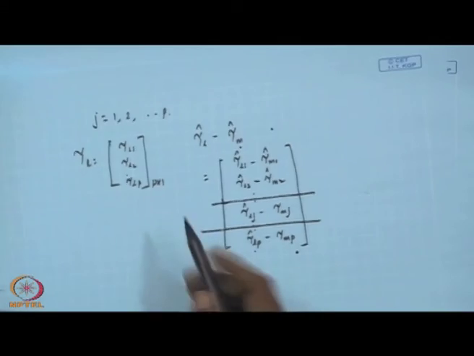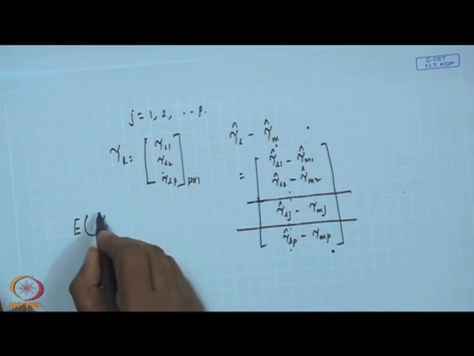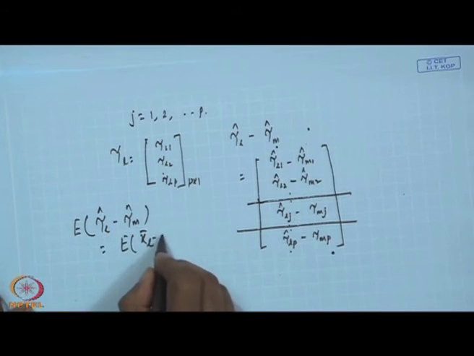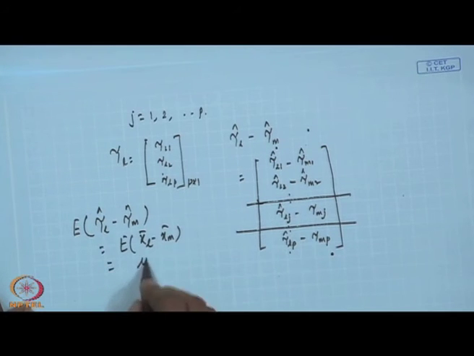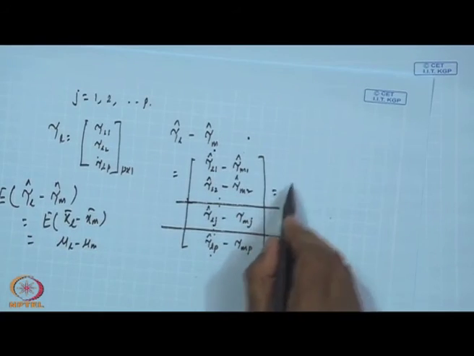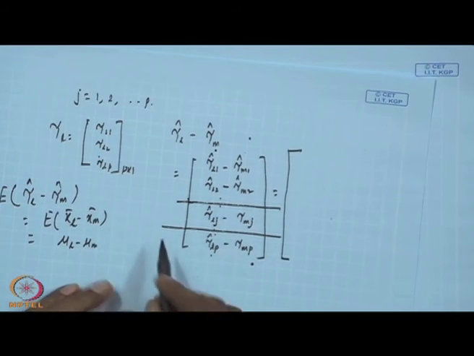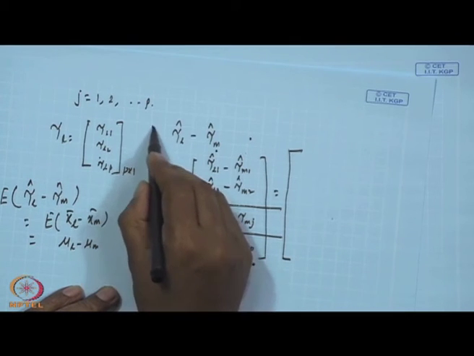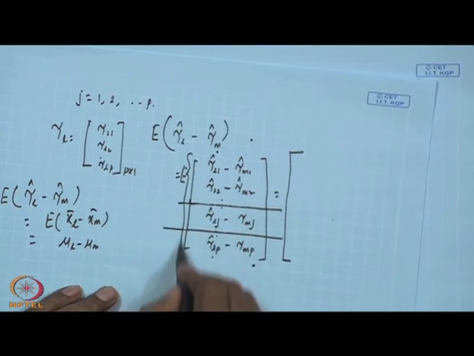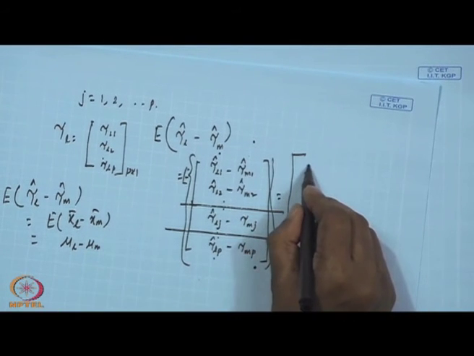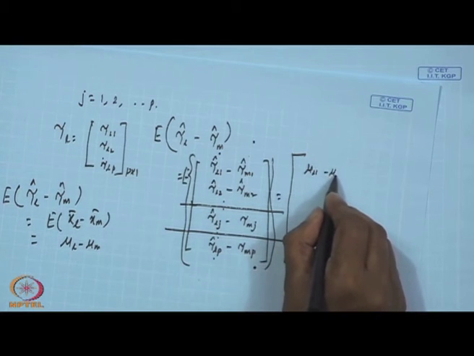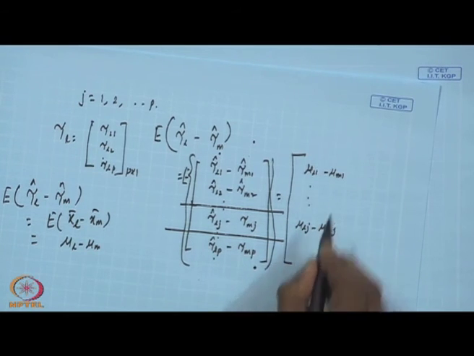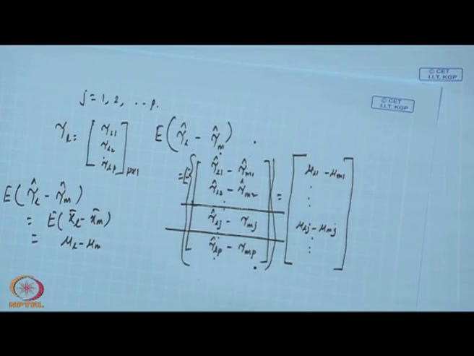The expected value of tau L cap minus tau M cap is nothing but the expected value of XL bar minus XM bar, which is mu L minus mu M. If we write down the expected value of this totality, you will get mu L1 minus mu M1, and so on, up to mu Lj minus mu Mj.